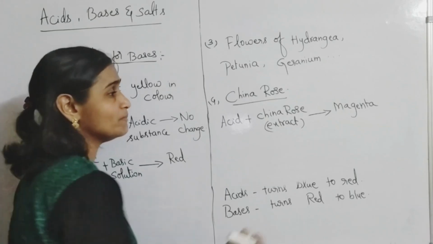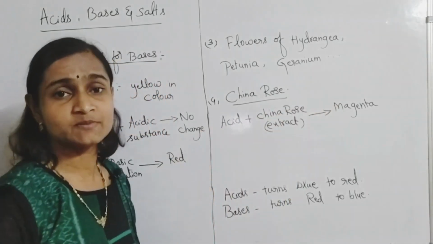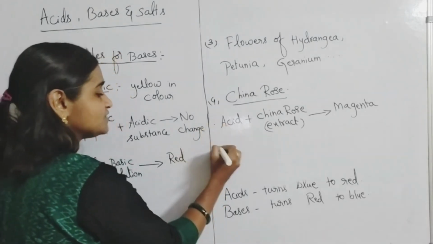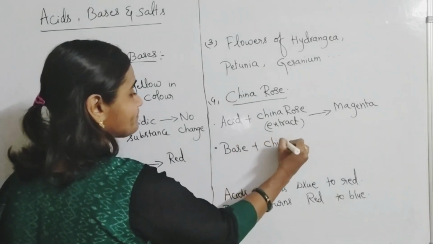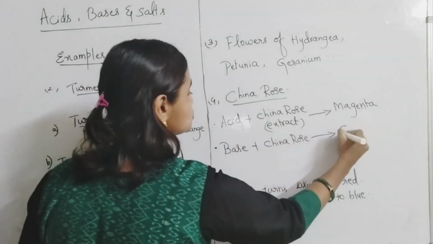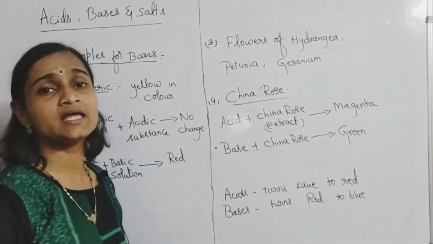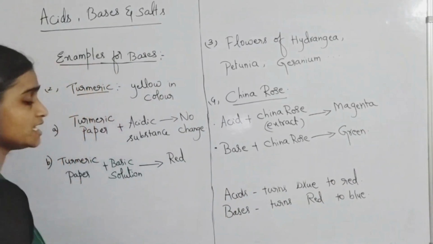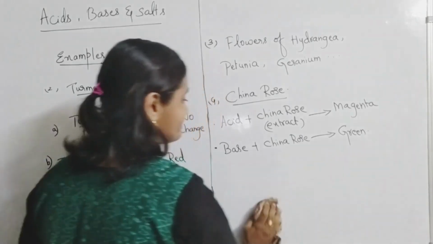If it turns magenta, you can say that the substance is acid. Likewise, China rose extract plus base turns green. If the substance turns green, you can say that it is basic in nature. So China rose is also an example of a natural indicator.